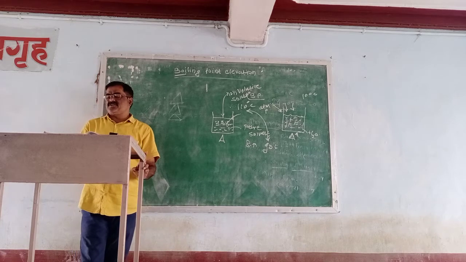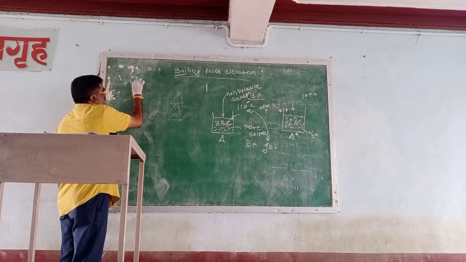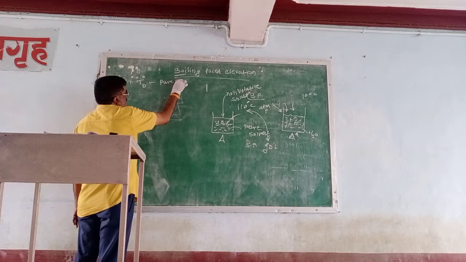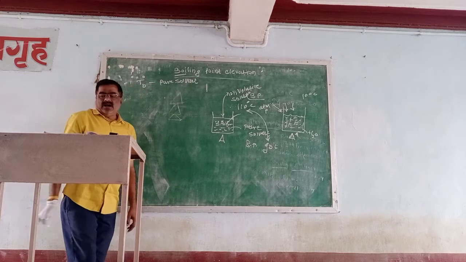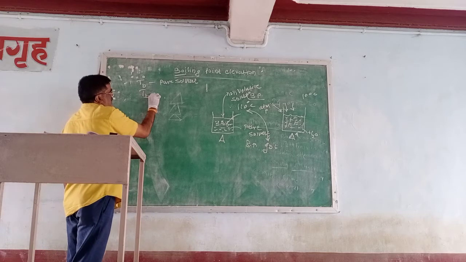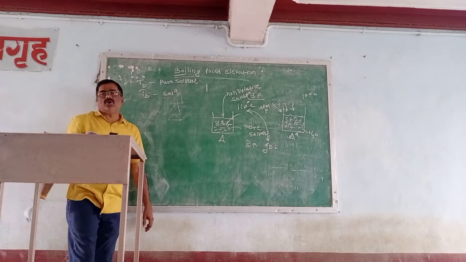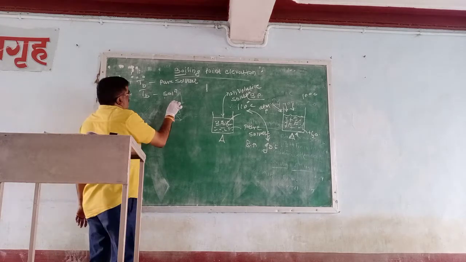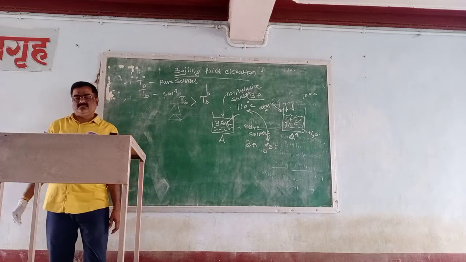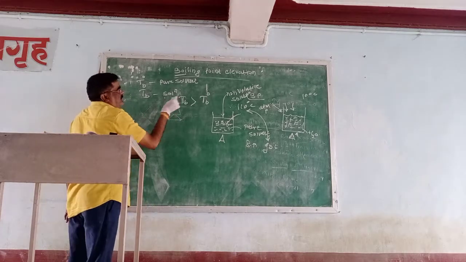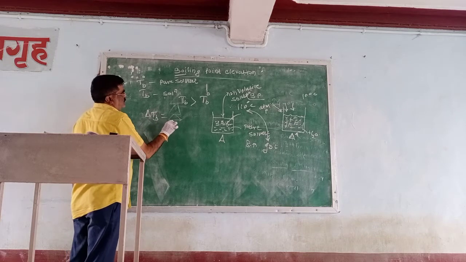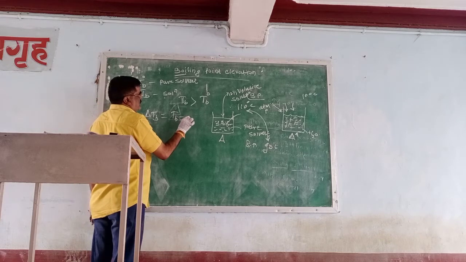If TB0 is the boiling point of the pure solvent, and TB is the boiling point of the solution in which the non-volatile solute is added, then TB is greater than TB0, and the elevation of boiling point, delta TB, is equal to TB minus TB0.